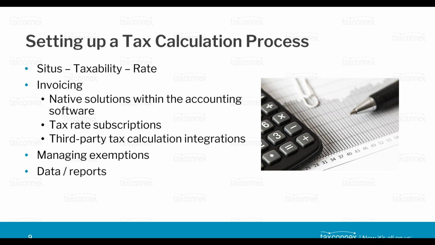Something else to consider when you're setting up this tax calculation process is whether or not you could have exempt customers. And the exempt customers could fall into a couple of categories. The most common that we think about are resale exemptions, where you're selling something to a company that is then taking that product and selling it to someone else.